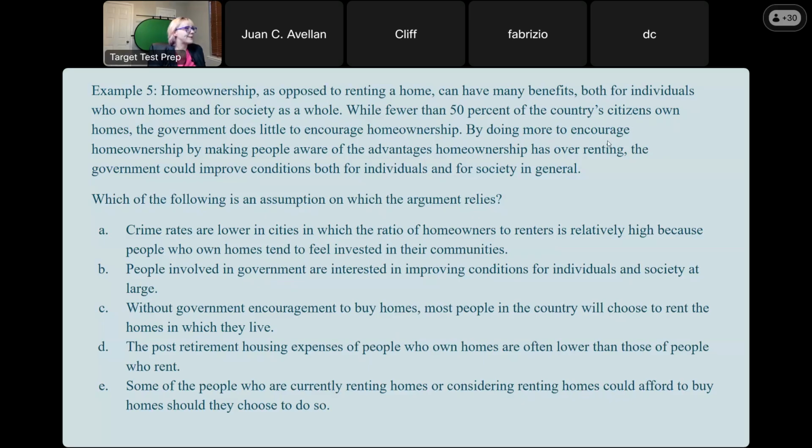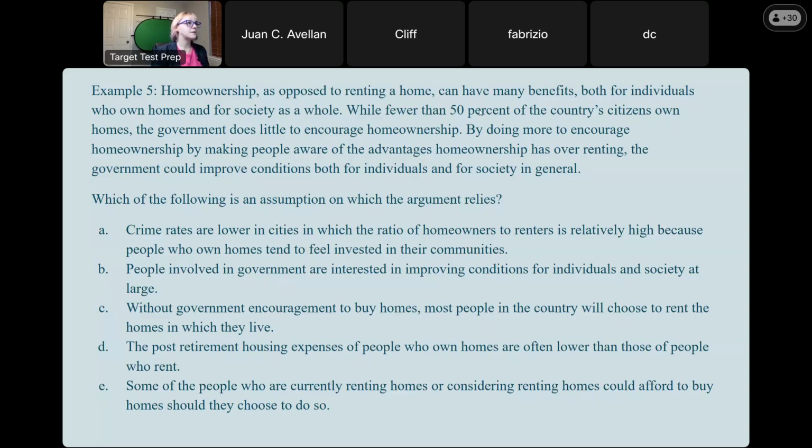Advantages of homeownership. This one is a little bit weird for negation because it's actually trying to explain a premise, I believe.